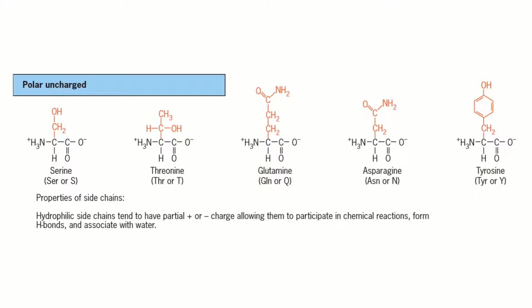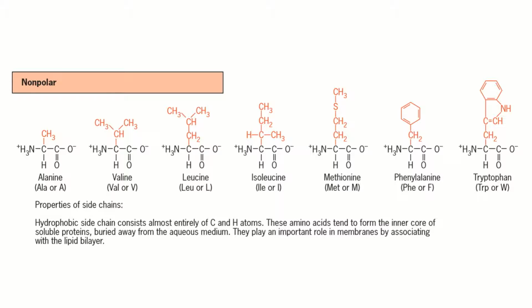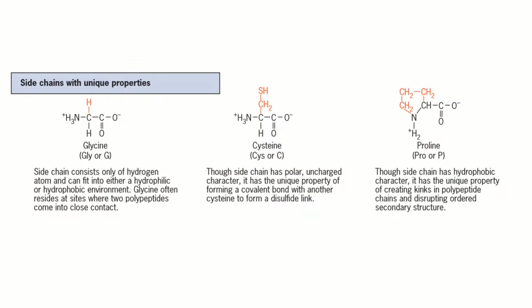Then there are amino acids whose side chains are polar but uncharged, as seen here. And then there are amino acids whose side chains are non-polar. And finally, amino acids whose side chains have unique properties.